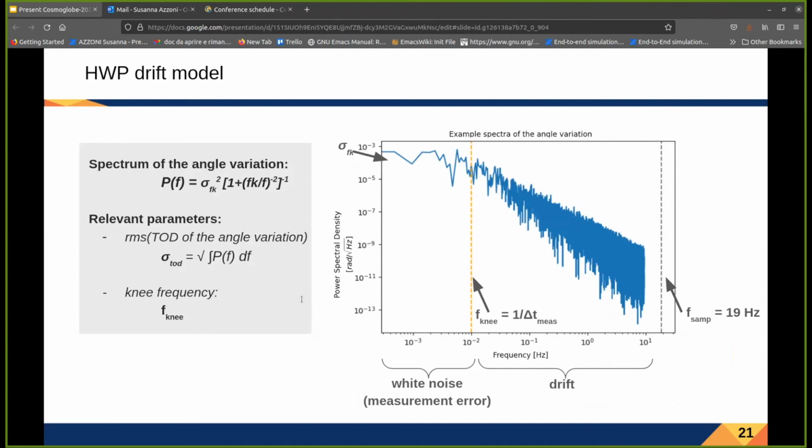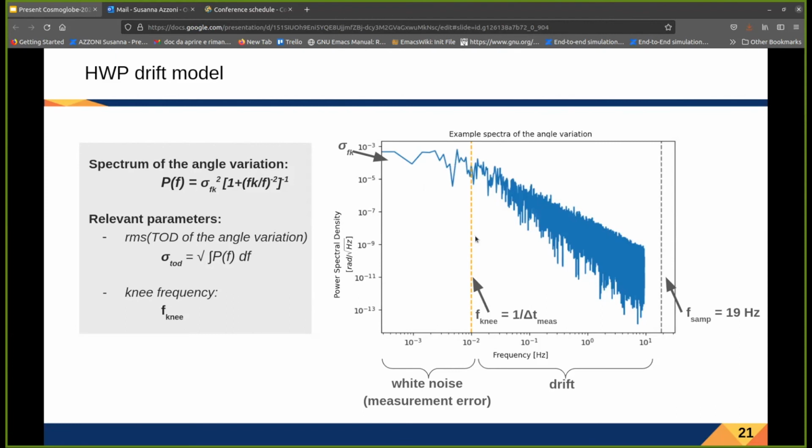And as you increase time and you recalibrate, so you relocate your angle by remeasuring the position with the encoder. But then in between the two measurements, the angle is actually drifting. So for the drift, we use this random walk essentially, so an intuitive behavior of 1 over f squared.